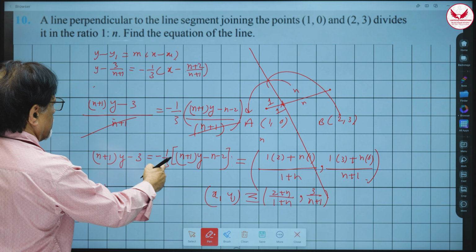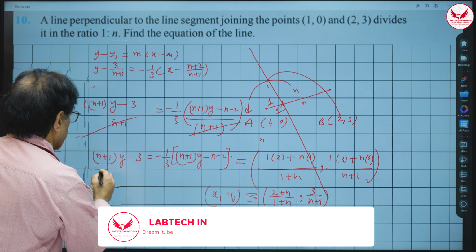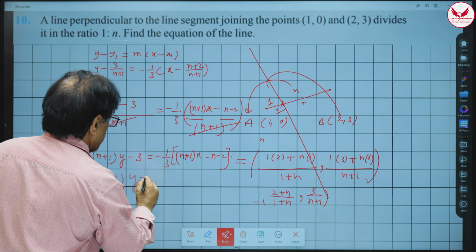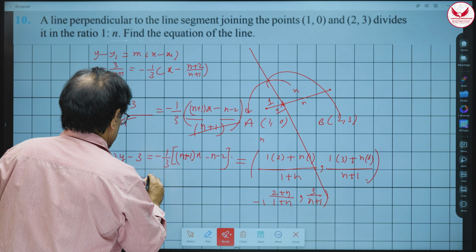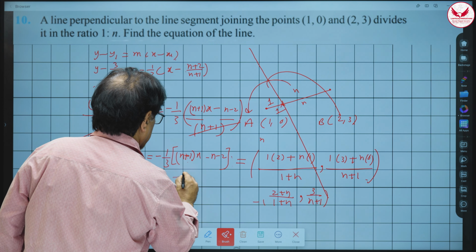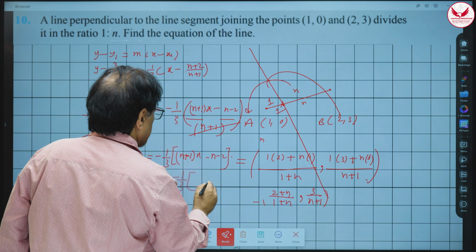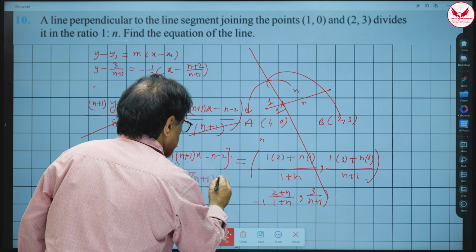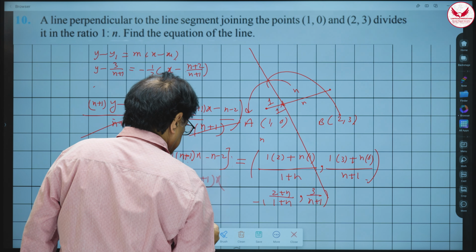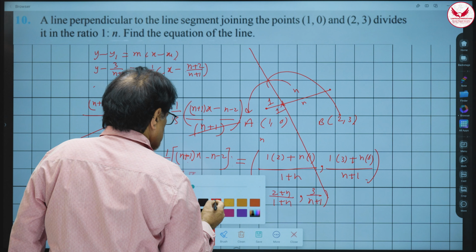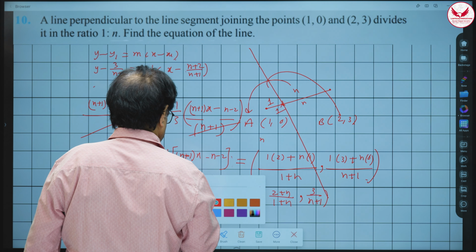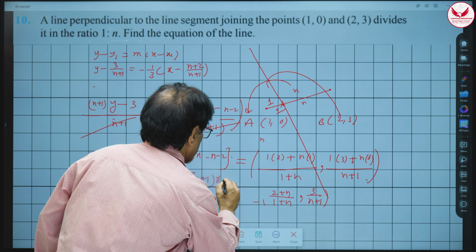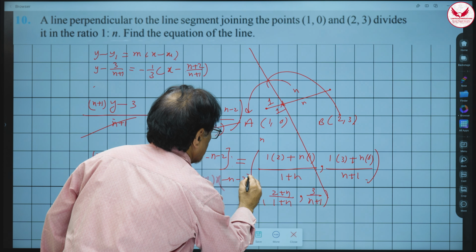So take this 3 on this side so that it becomes n plus 1 y minus 3 is equal to minus 1 upon 3, it is n plus 1 x minus n minus 2.